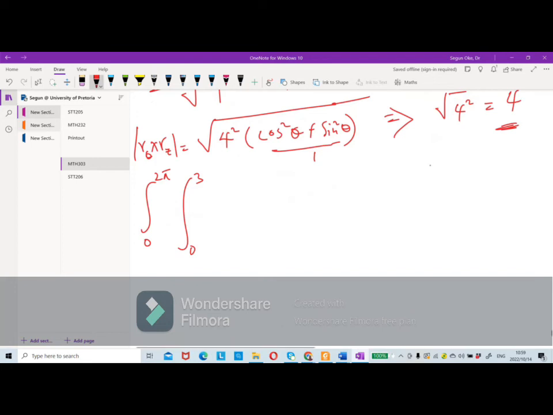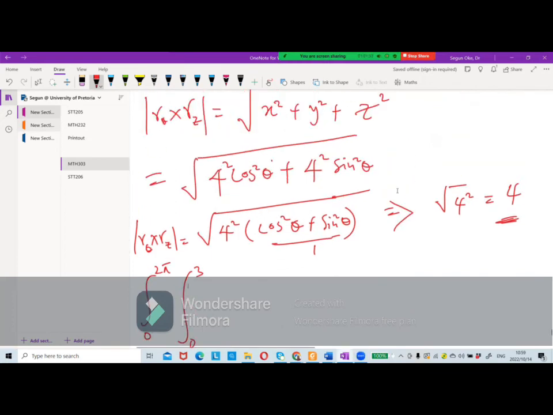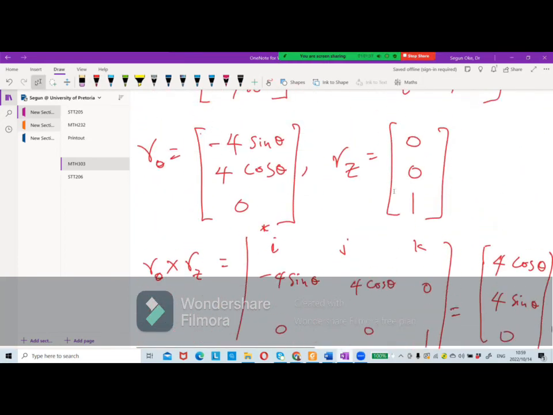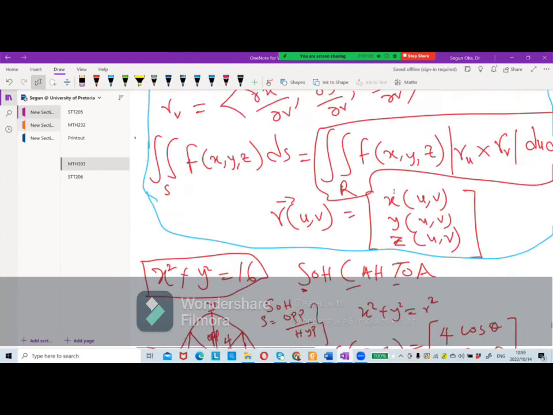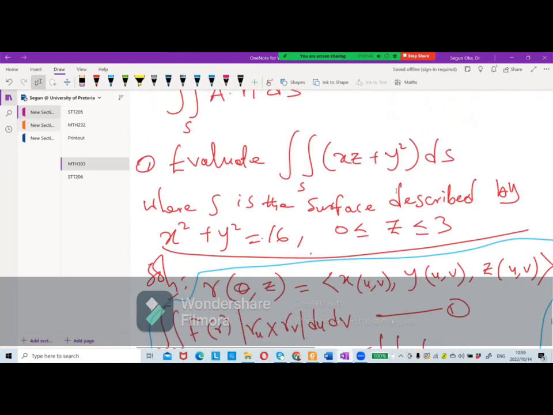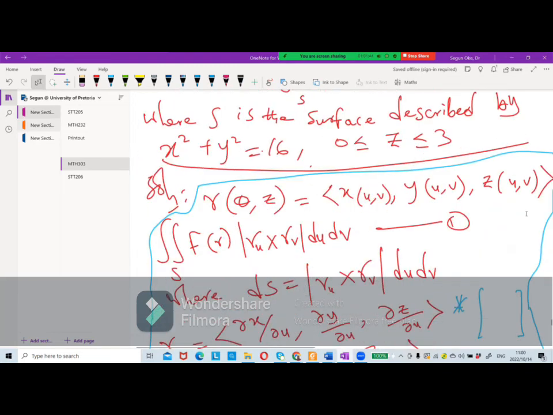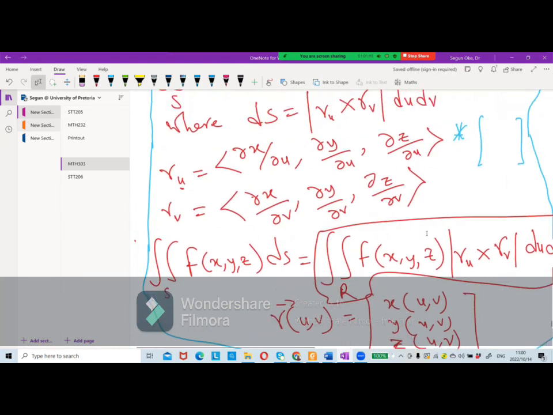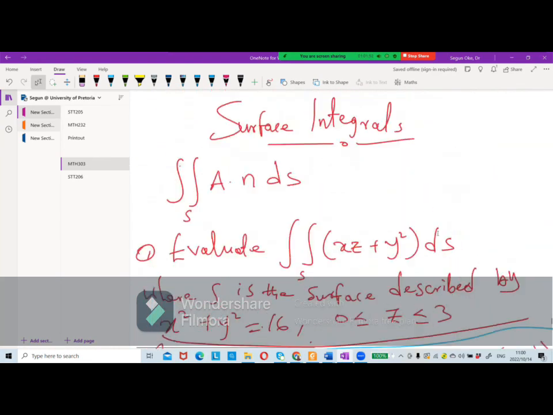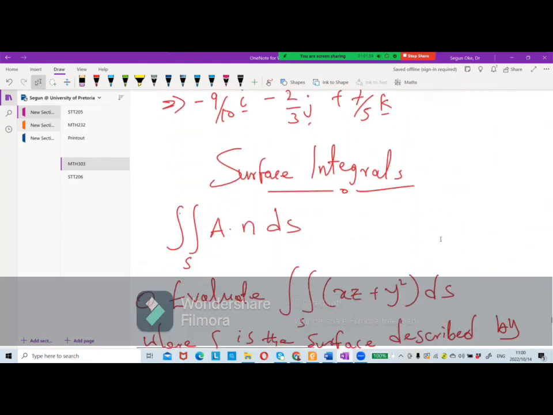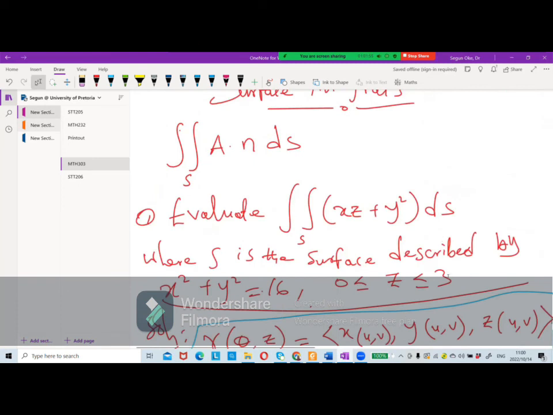Go back to the question you are given. What does the question say? xy plus y squared. Please don't forget. Our f is xz plus y squared.